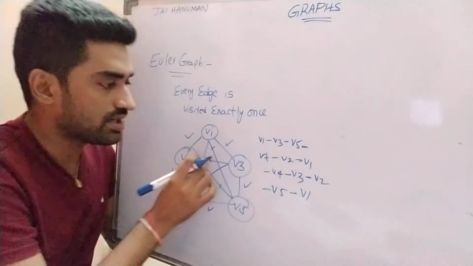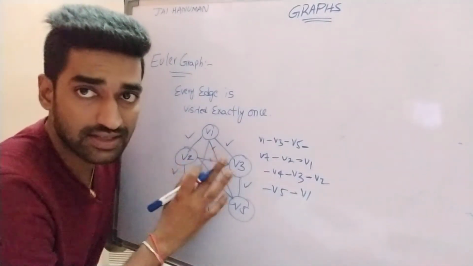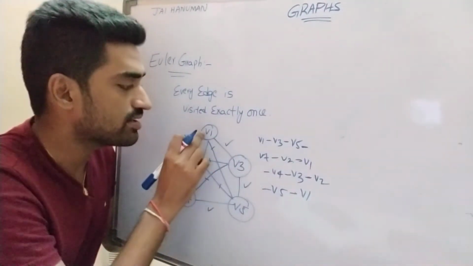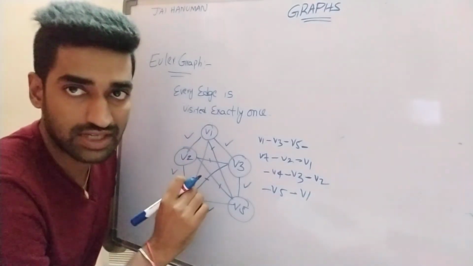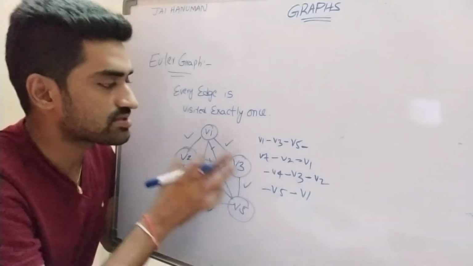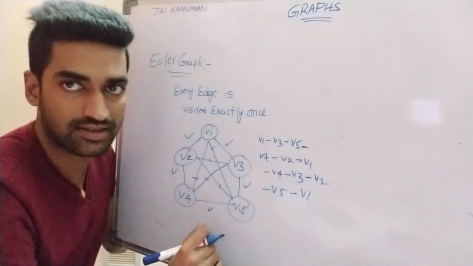So all the edges are visited exactly once and finally we reach the starting position. That's why this graph also comes under Euler graphs.